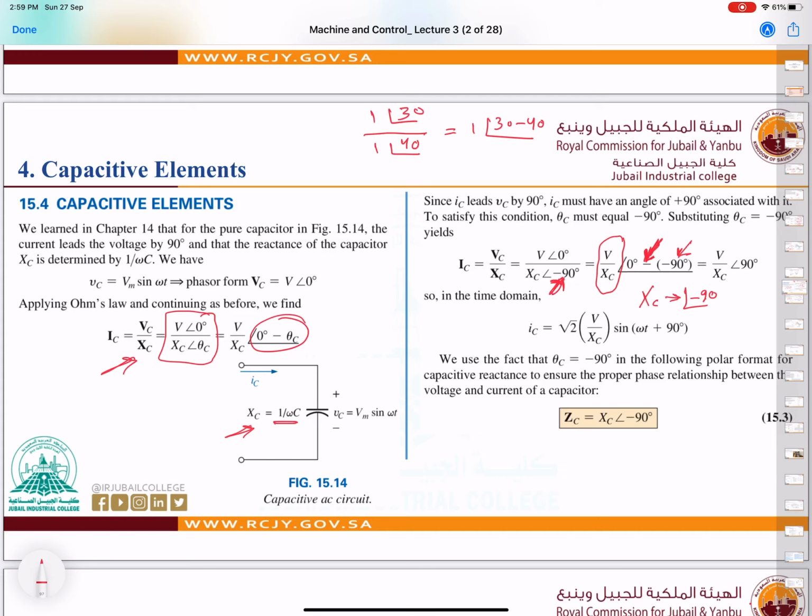Now, if we take 0 minus minus 90, we get angle plus 90. This is the expression, as we already know. So ZC is XC with angle minus 90.